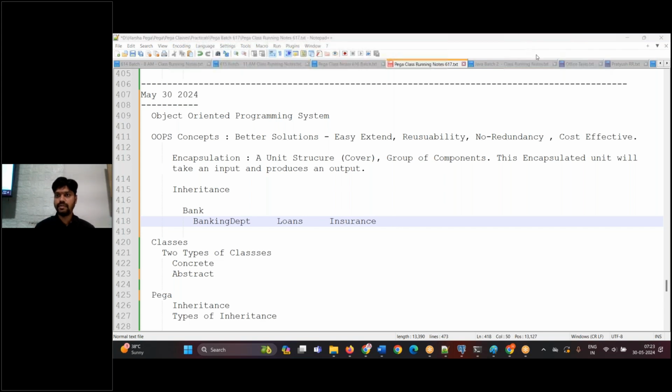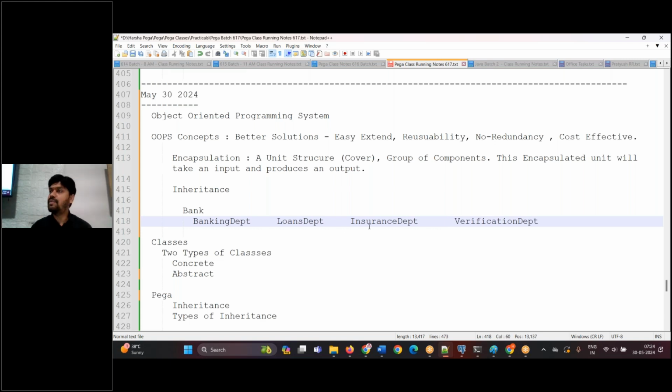Customer service. Customer service also will take care of providing some service. I'll tell you, let's consider it as verification. Verification department will be there, for verification of documents, address, and so many other things. There will be a separate department. Four departments are enough.